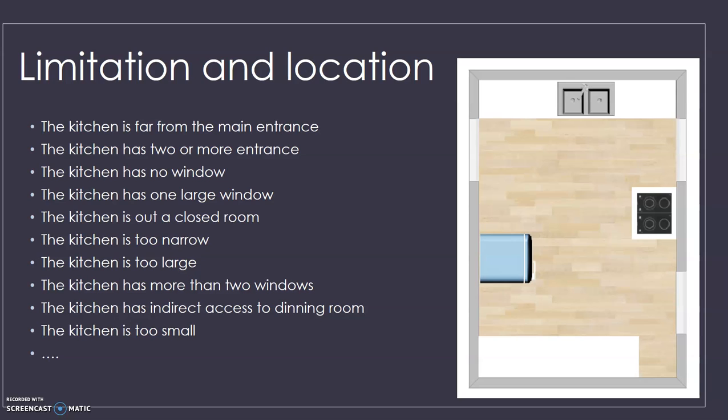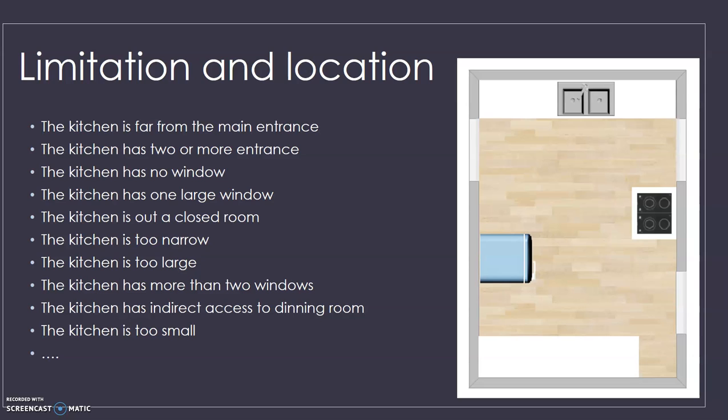Sometimes there are more than two windows in one kitchen, and that also creates some challenges. The indirect access to dining rooms is also problematic. But again, these are things that you can overcome if you think through it.